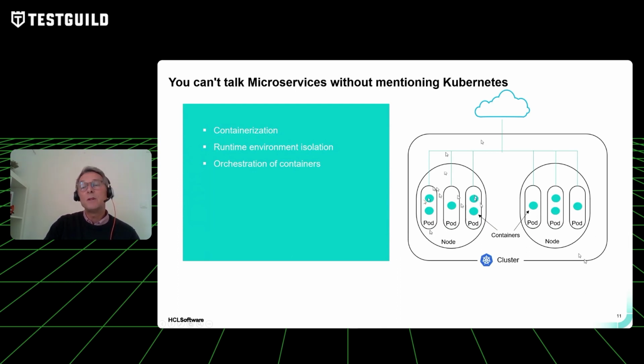So the runtime environment is fully isolated, and Kubernetes is very good at orchestrating all those containers in the cluster, right? It is capable of starting new pods in case of higher demand. For example, when the performance of the system is going down, it is capable of starting new pods on its own, on different nodes. It doesn't matter where exactly the pod started.